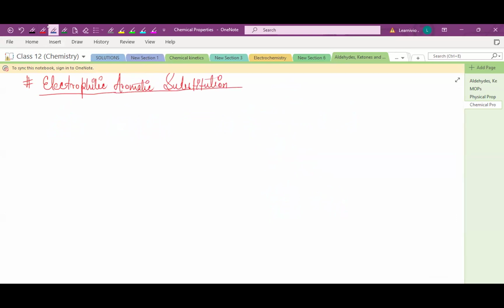Electrophilic aromatic substitution of your carbonyl compound. Now aldehydes and ketones are deactivating groups, right? They are deactivating groups. Can you tell me why they are deactivating groups, Maniba? Why are aldehydes and ketones deactivating groups?